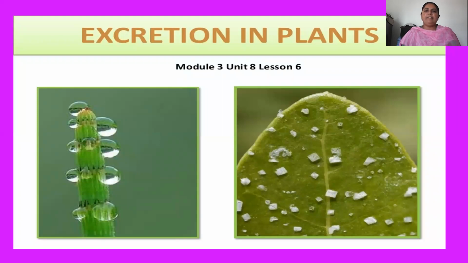Yes, children, here I have shown you two pictures where you can see that sometimes the excess water present in the plant comes out through special pores present along with the veins of the leaves. In dicot leaves, this excess water comes out with the help of stomata.